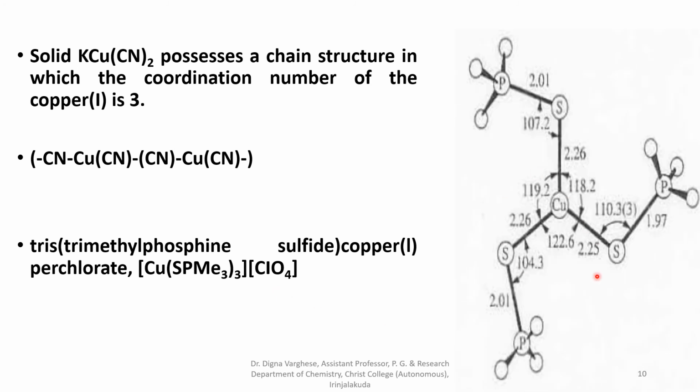Its structure you can see from this picture. Here you can see the copper atom, the central metal atom, and the sulfur atoms from the trimethylphosphine sulfide ligands. Three sulfur atoms are coordinated to the central metal atom, so its coordination number is 3.